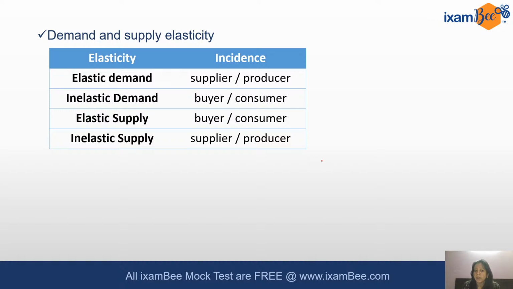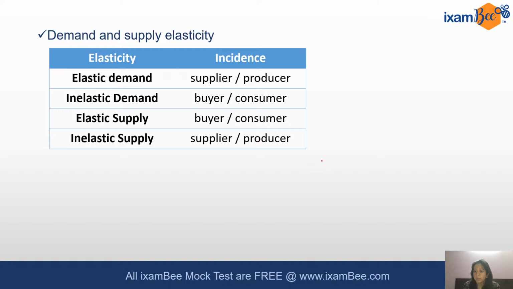Likewise, when the supply is elastic, the producer can change the quantity supplied with the change in the price, and then the buyer will be the one on whom the incidence of tax will fall. In case of inelastic supply, where the producer cannot adjust the supply, the producer will be the one who bears the burden of the tax.